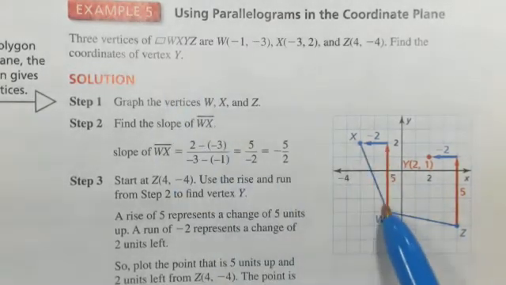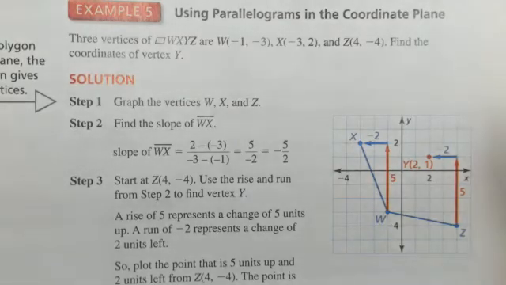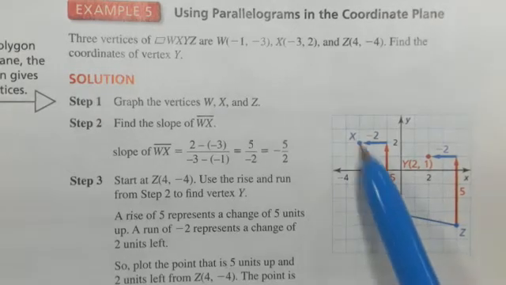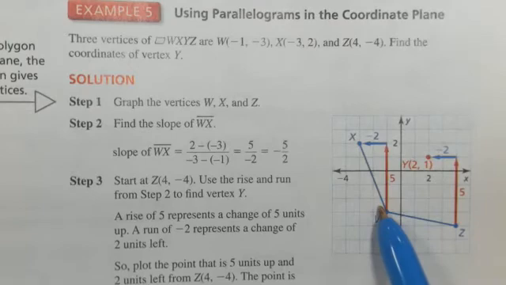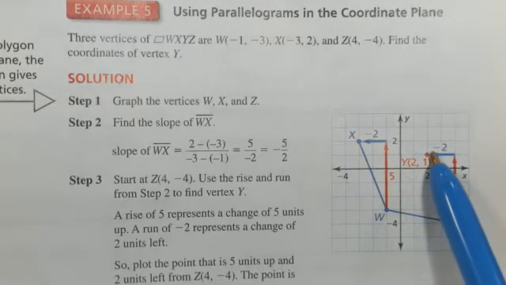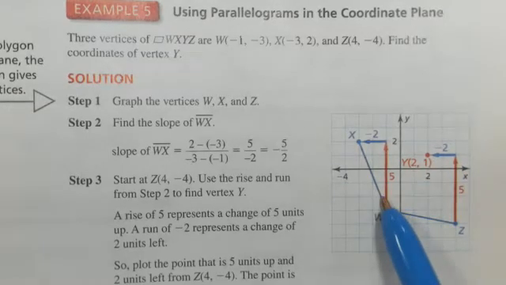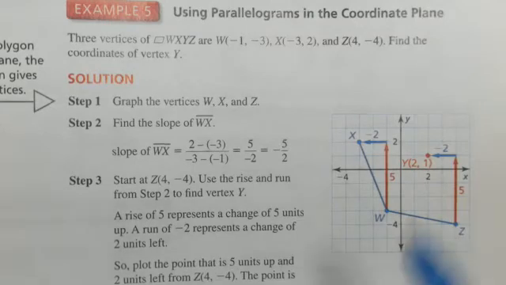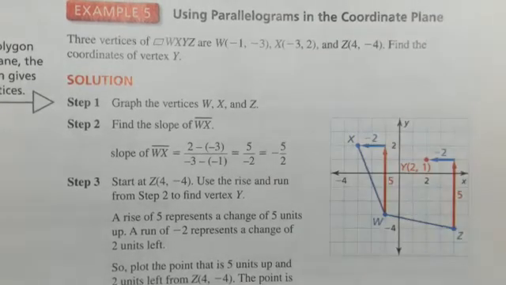So plot x, w, and z. Then what you're going to do is find your slope from w to x, because that's the same thing you're going to need to do to go from z to the missing vertex, right? Because they are parallel, so they're going to have the same slope. So we can just do one step and find it that way.